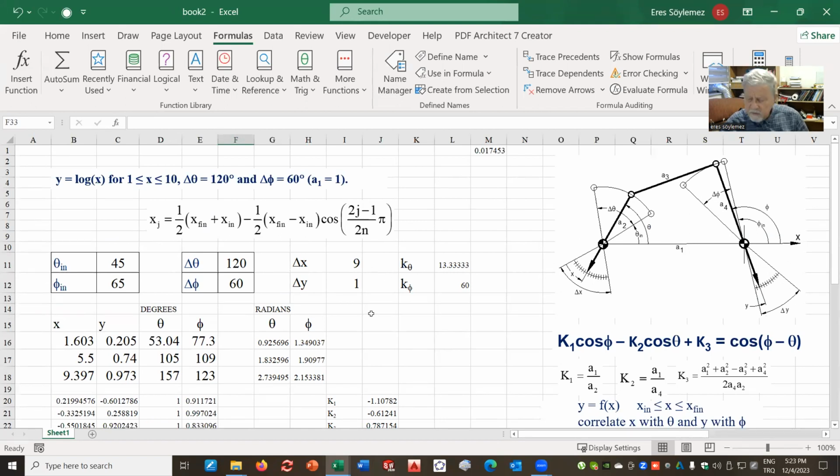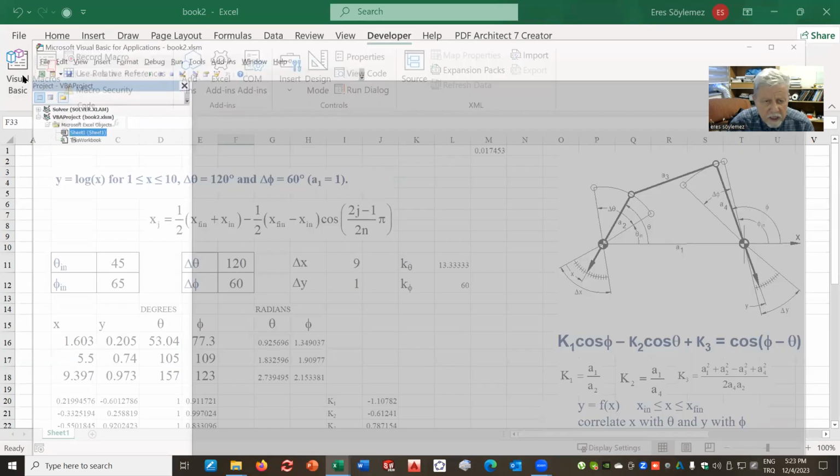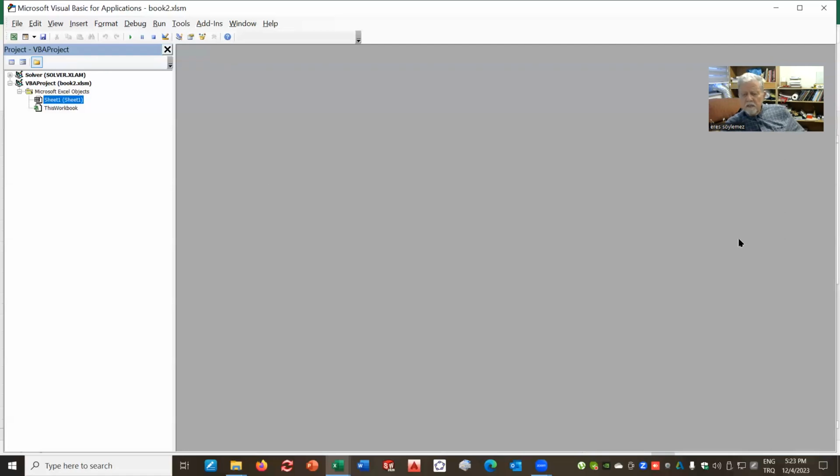But I have a simple choice, and that is I have written small function routines. If you go to the developer menu and turn on Excel sheet, there are no macros involved in this case right now in this instance.